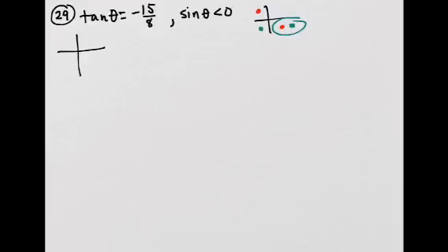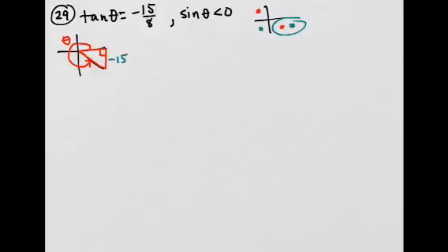Quadrant 4 uses this, and this is theta. Okay, so that means that I should probably draw it a little bit bigger. So we're going to go like that, right angle. Tangent is y over x. So the y is negative because it's in quadrant 4, so negative 15.